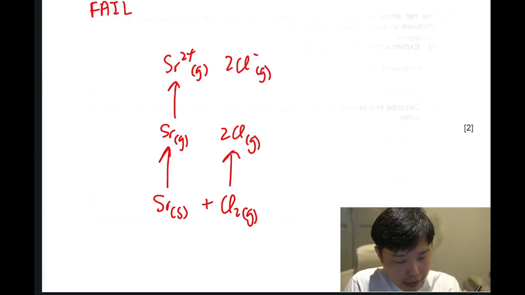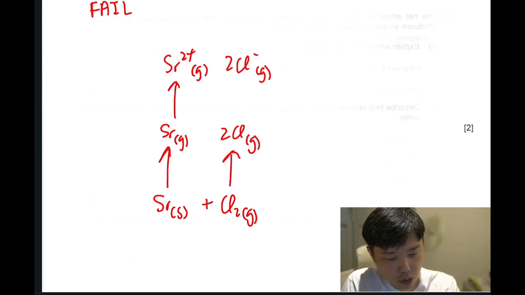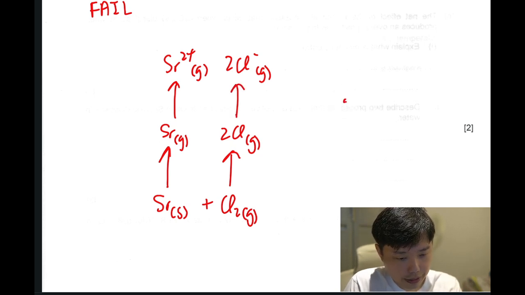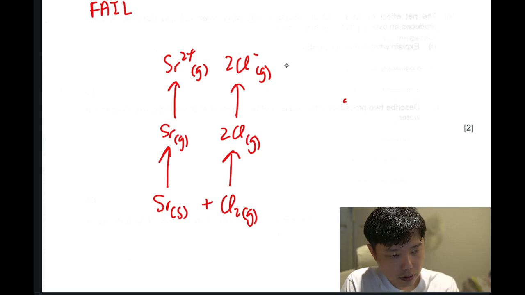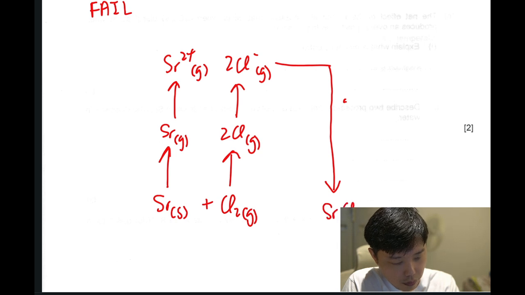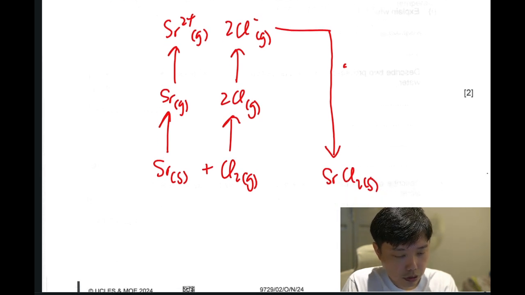Okay, so the electrons that are lost from strontium, you will actually give to chloride. So these two ions will actually give you strontium chloride solid. Then of course you have to put in the delta H of formation for strontium chloride.